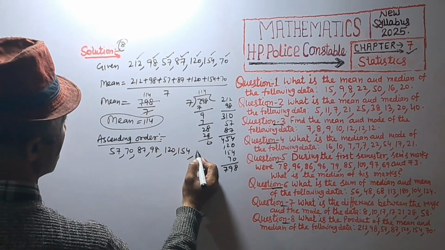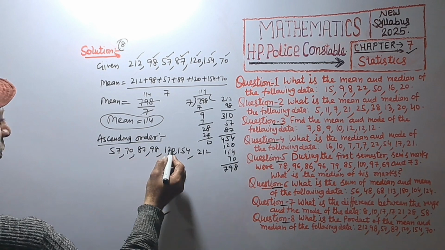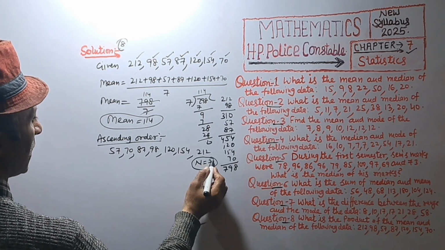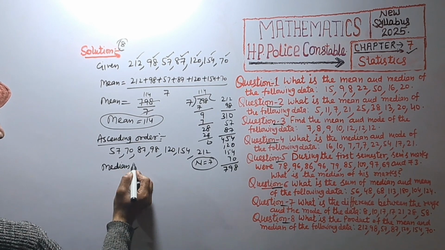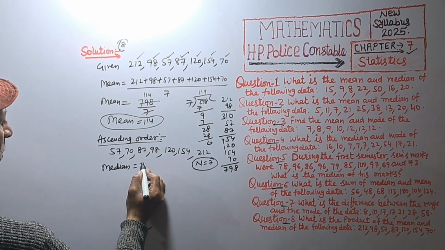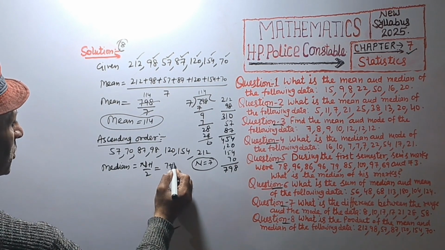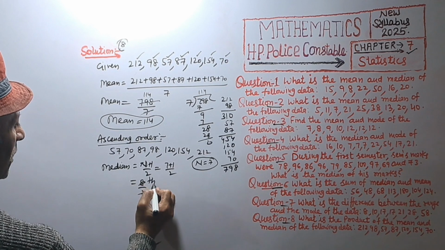Lastly, 212. 1, 2, 3, 4, 5, 6, 7. N is equal to 7, which is an odd number. So median equal to n plus 1 upon 2 equal to 7 plus 1 upon 2. That is 8 upon 2.